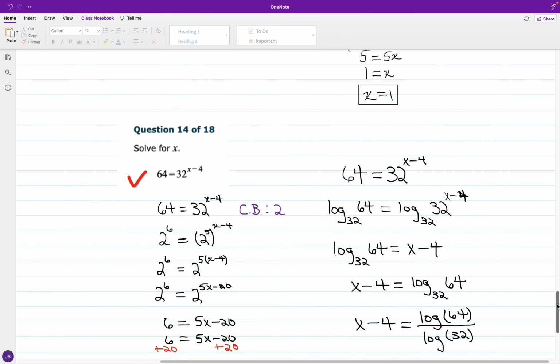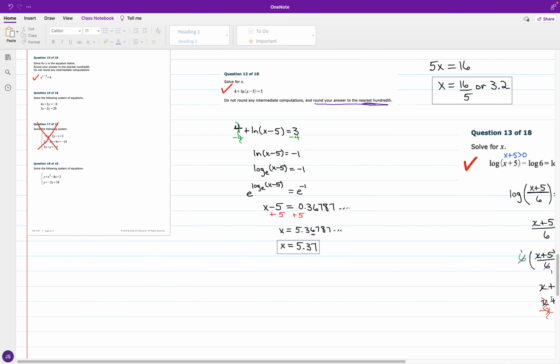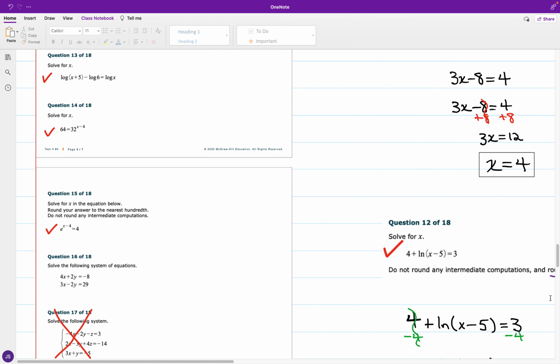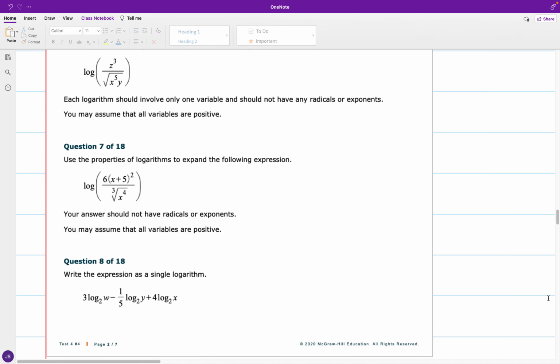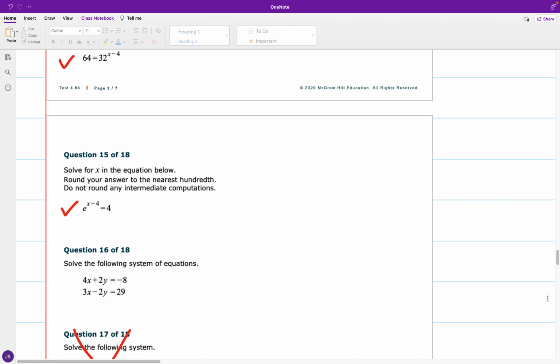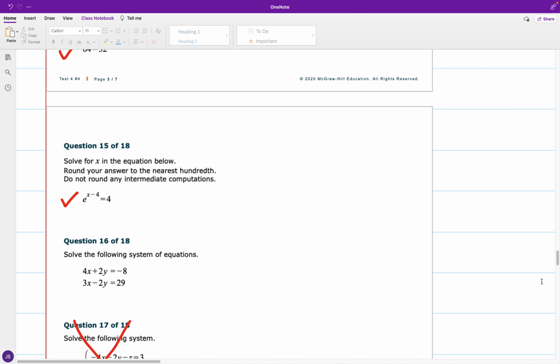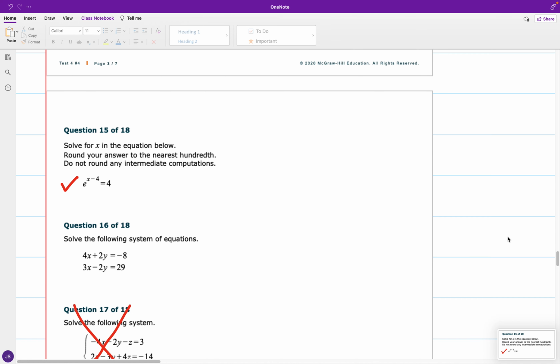All right. Now we have the remaining exponential equation in this set. We're going back to the letter E, and it says to solve, rounding to the nearest hundredth.